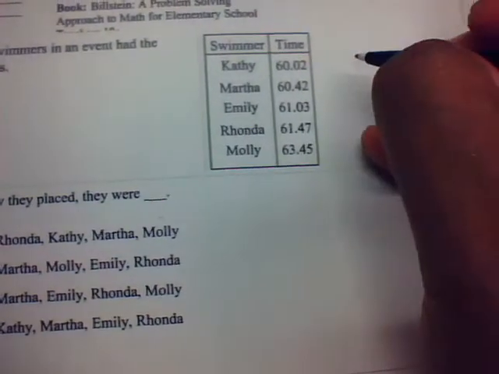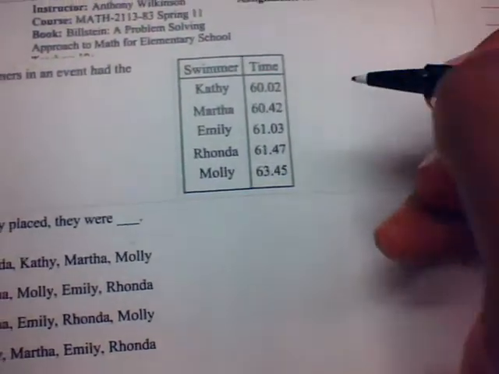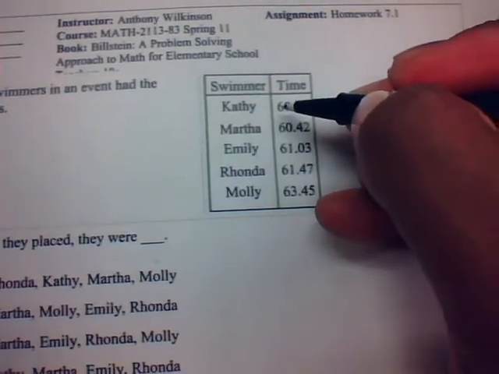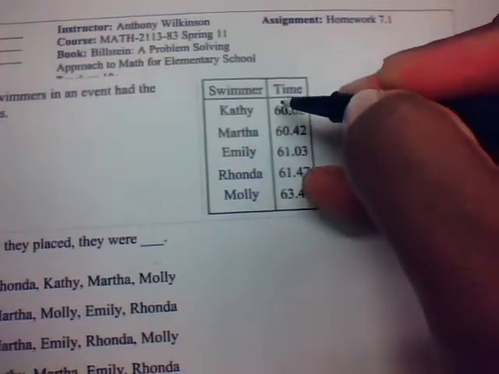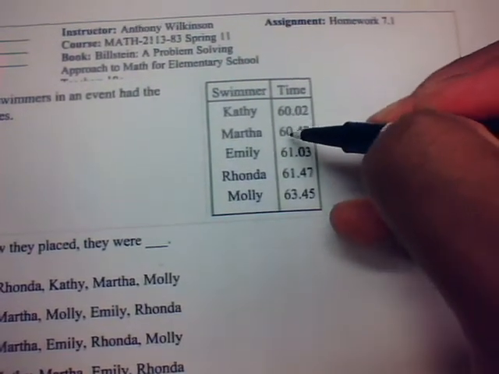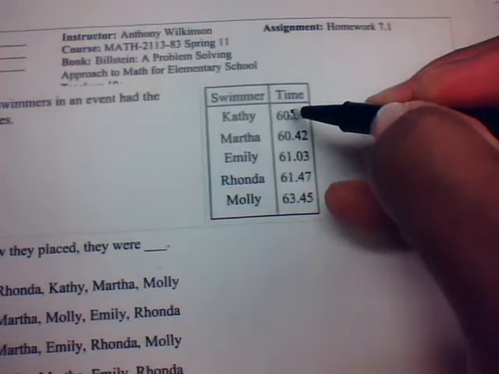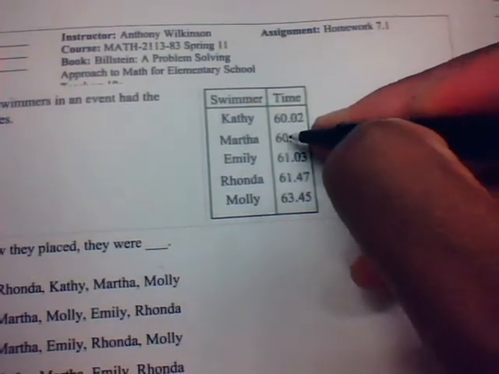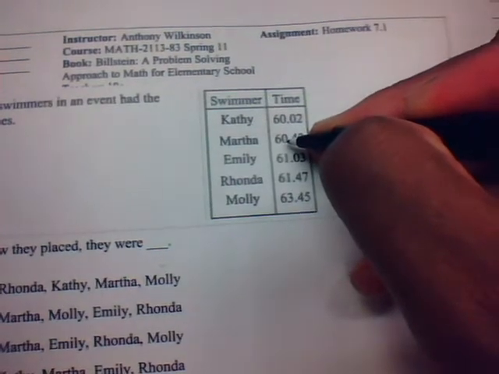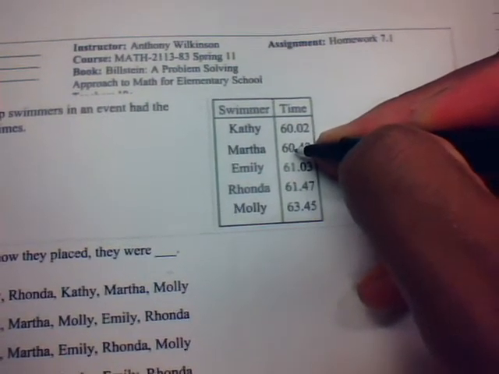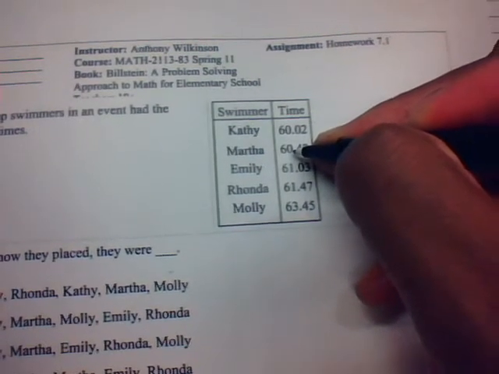Okay, so here, in this case, we want to look at each of those numbers from smallest to largest. Well, see that the 6's are the same. Now here, in the units place, they're different. So here we got 0 here and a 0 here for Kathy and Martha. But we want to know which one finished in the shortest time.